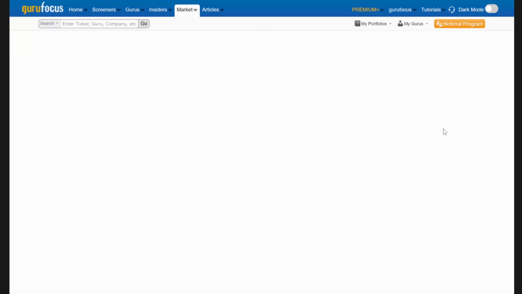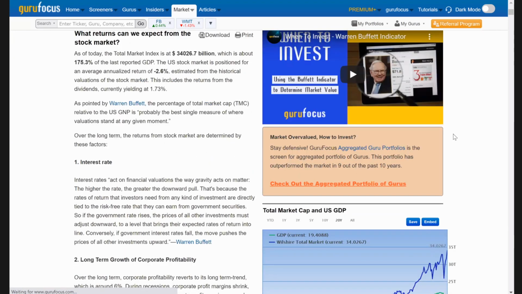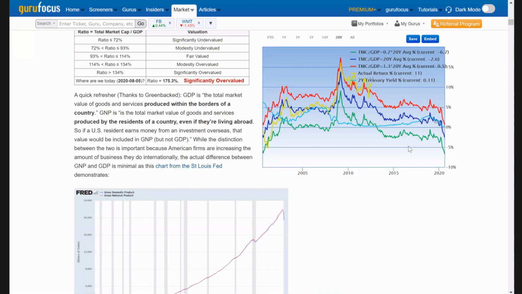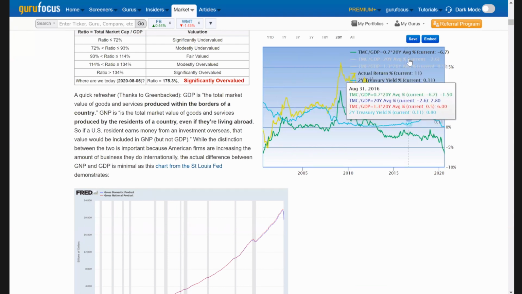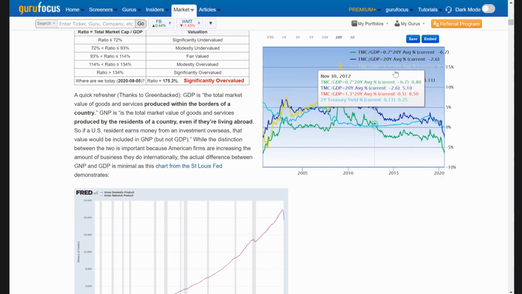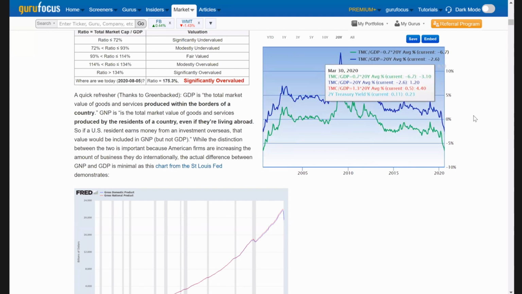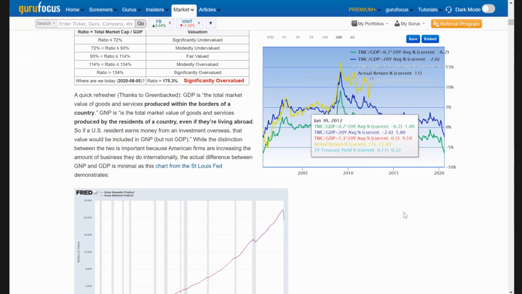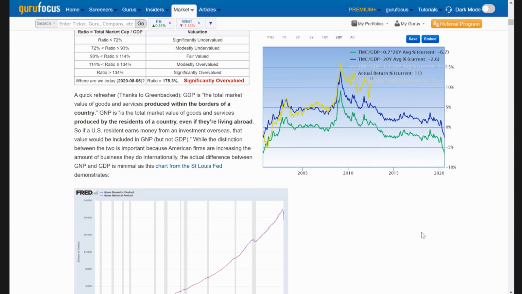But now let's come back to the Buffett indicator again. We can see that from this we can project the future returns. On this chart, I'll remove some of the lines just to make it easier to read. The green line is if the market comes back to the historical median, the 20-year median number. And the blue line here is if we are very optimistic about the future market return.